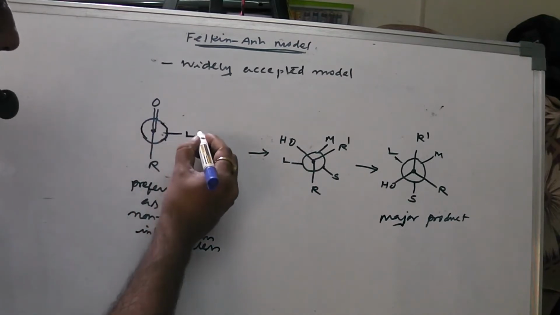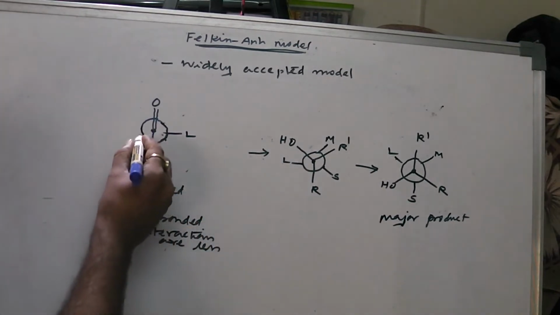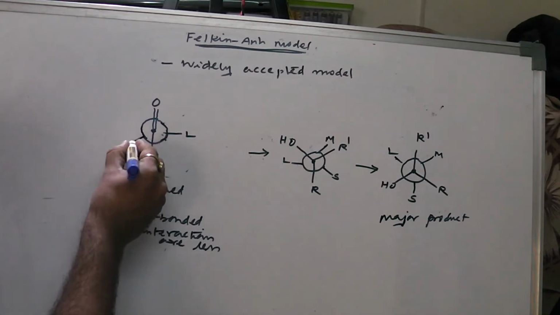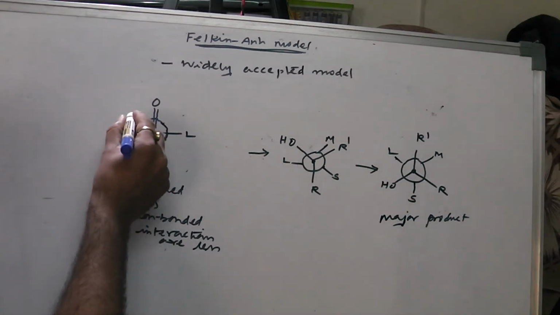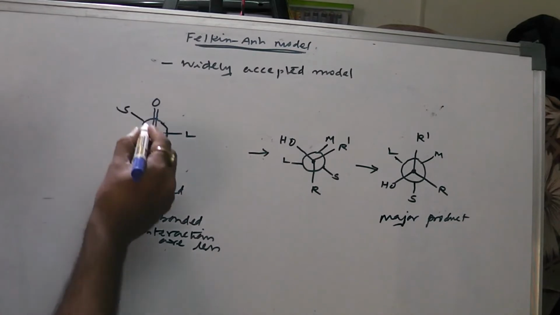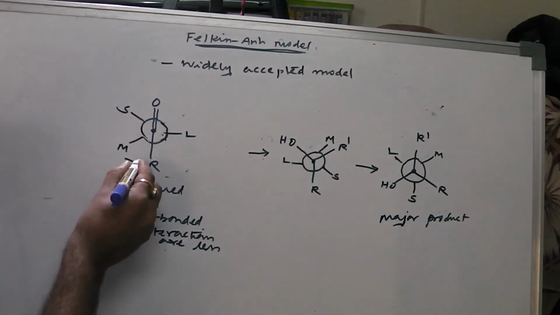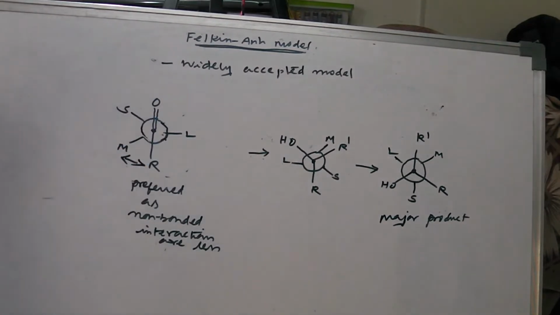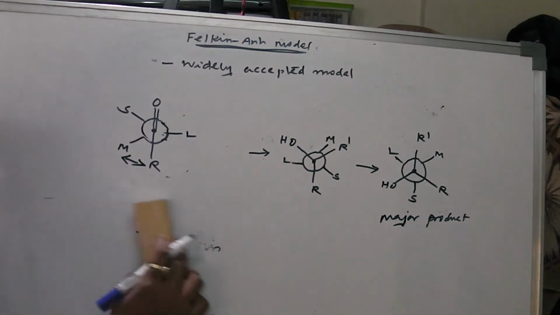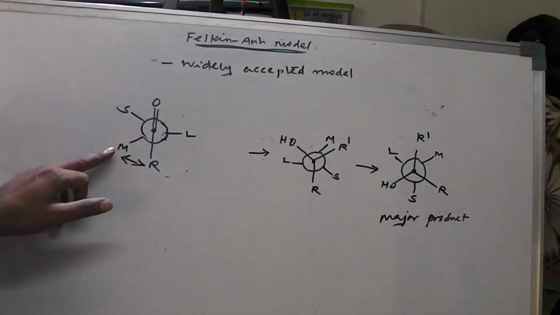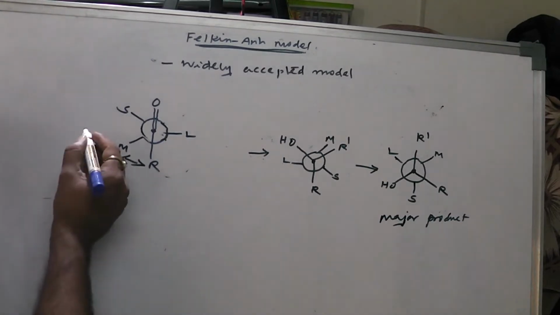Large group will be here and medium group will be here and small group will be here. So here the interaction is between the medium group and R group.